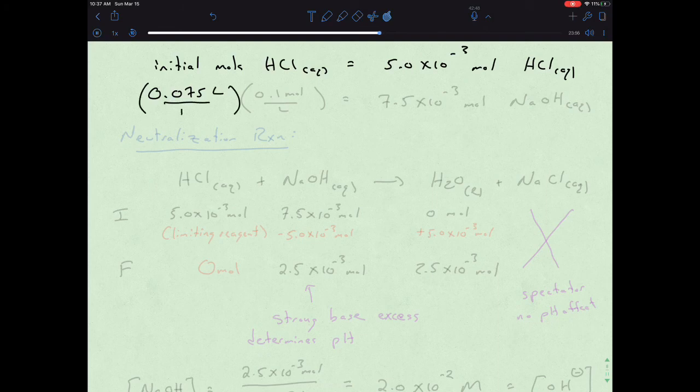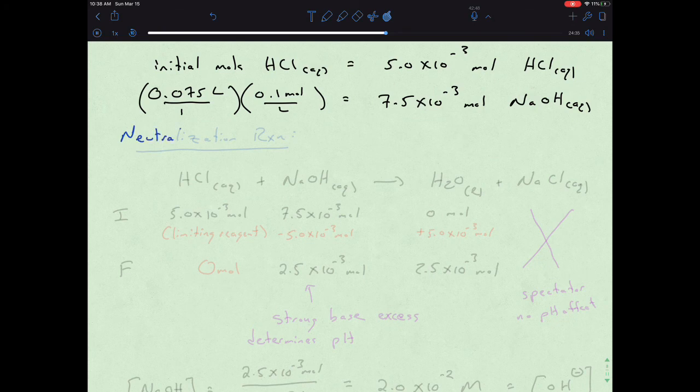So just doing a quick conversion from the volume and molarity to now our new mole value for the sodium hydroxide. And notice now that the tides have turned, right? In part B, we had excess of the HCl. In part C, the HCl and the sodium hydroxide were equal in mole value. And now we're past that equivalence point into part D, and now the sodium hydroxide is in actual excess.